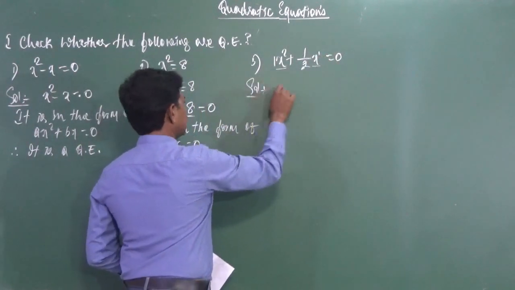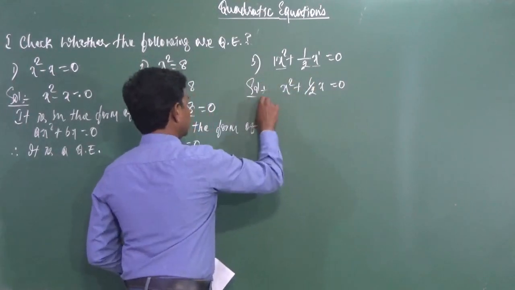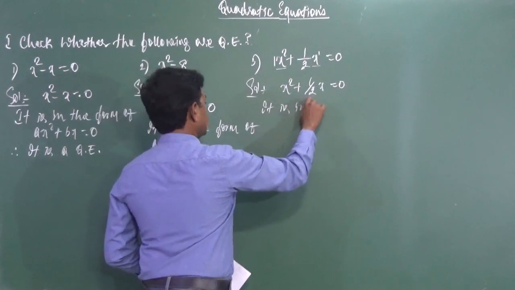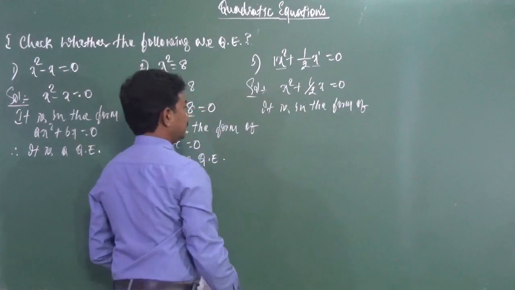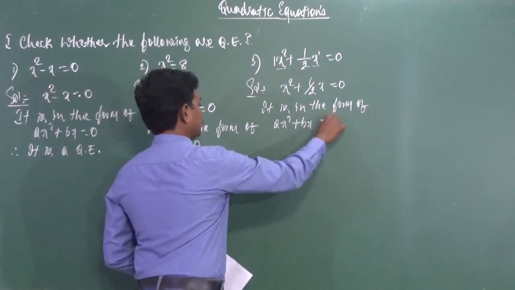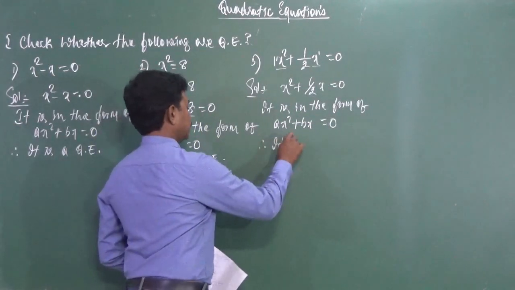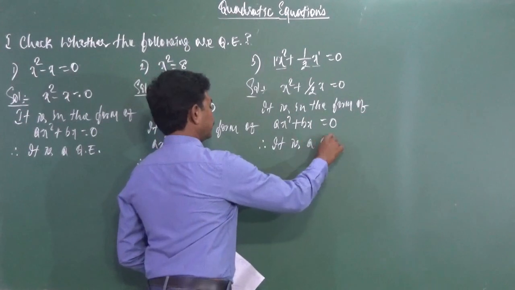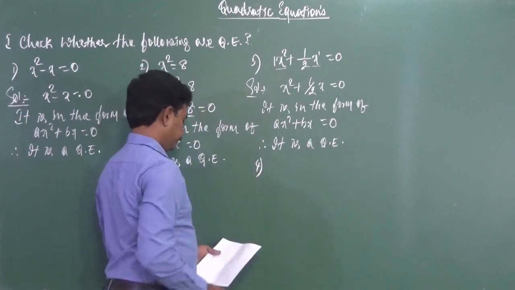So it is in the form of ax square plus bx is equal to 0. Therefore it is a quadratic equation.